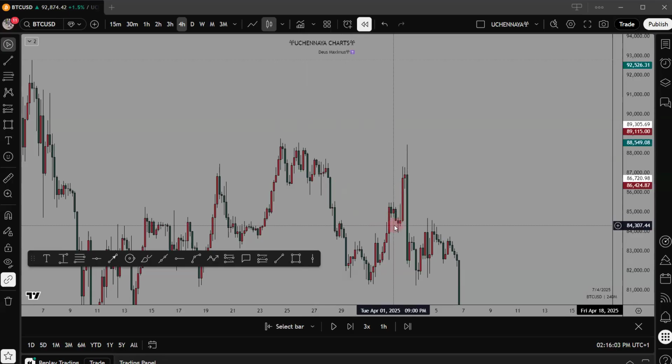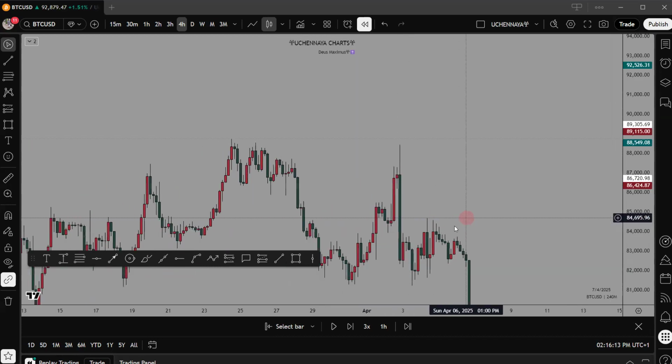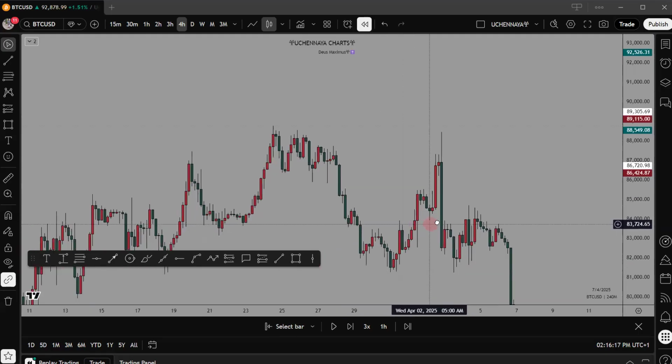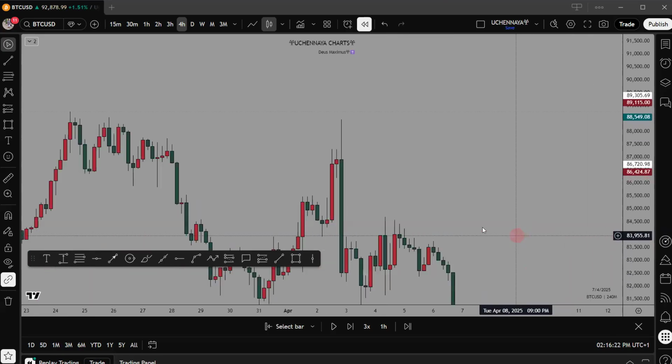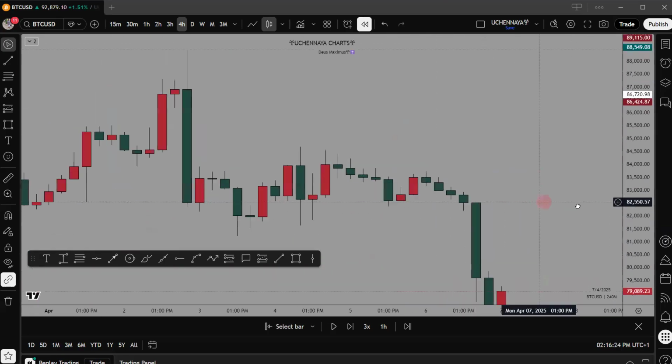Now, the reaction of price from those levels determines our next action. Okay, let's say today's candle, or let's say today's scan. Let's just use this.